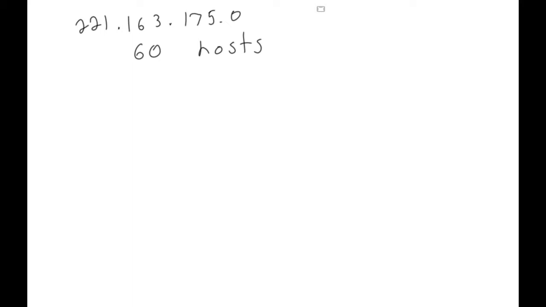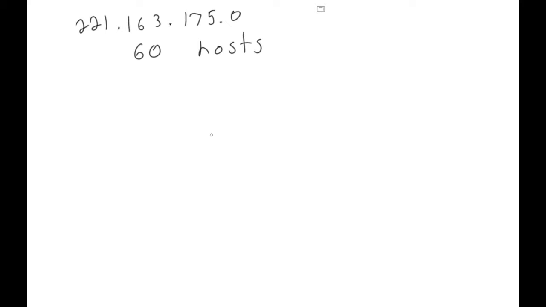Imagine a company that wanted to use 2 to the 9th networks, but they didn't want to use a Class B. Instead, they wanted to use multiple Class A's.